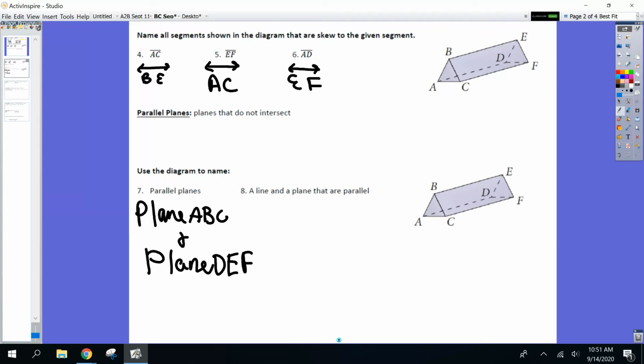Let me just show you what Lucas just did here. Everyone remember the two planes that are parallel to each other, ABC and DEF. So what he did was he took one of the planes, DEF, and one of the lines from the other parallel plane. Okay? Let me rephrase that.